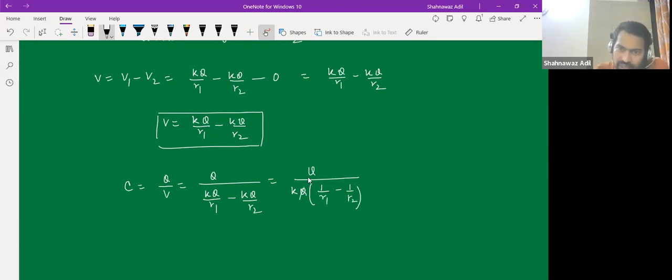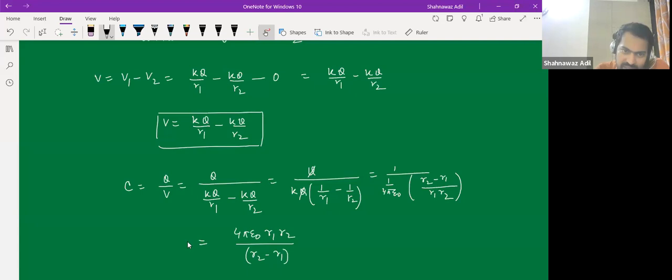So Q cancels, and K is 1 by 4 pi epsilon naught. And this is R1 into R2 over R2 minus R1, so this is 4 pi epsilon naught R1 R2 divided by R2 minus R1. Right, so this is the capacitance of a spherical plate capacitor.